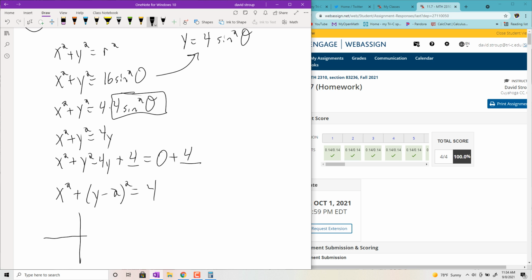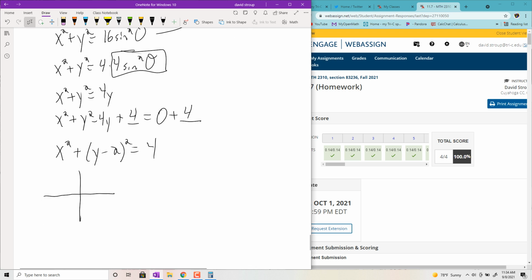And so in the xy plane, if I were to ask you to graph that, you would have 1, 2, 3, 4. You have a center right here, and it would go like this in the xy plane. And in xyz space, which I won't ask you to graph because I don't think anybody in here is an art major. If you are, that's cool. If it looks nice enough, I'll give you a bonus point, but it has to look nice, though.